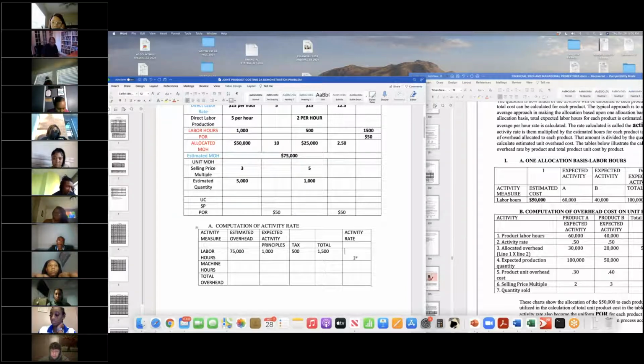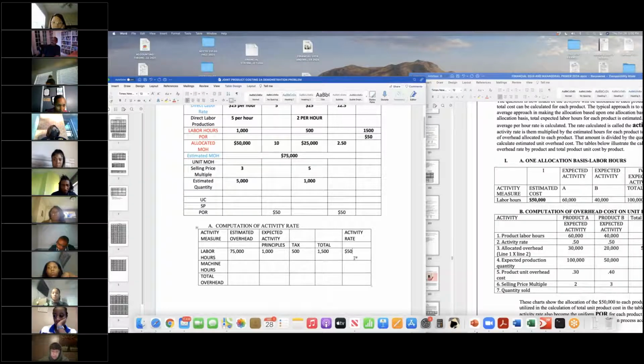I'll take your word for it. Face value figures it's good. Are there any questions from anybody on how we got 50? Yes. Is that the POR? That's the POR and the activity rate.